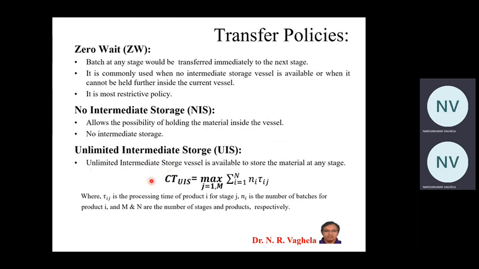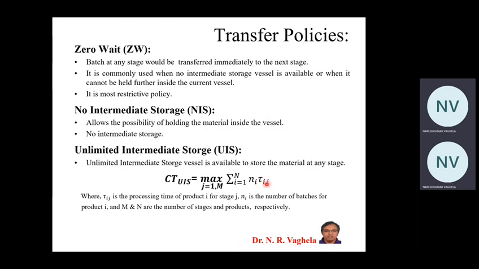So what is the cycle time for the UIS? CT, cycle time for UIS, is the maximum over j equal to 1 to M of the summation over i equal to 1 to N of Ni tau ij. Now what is tau ij? We have seen that tau j is the processing time for stage j.